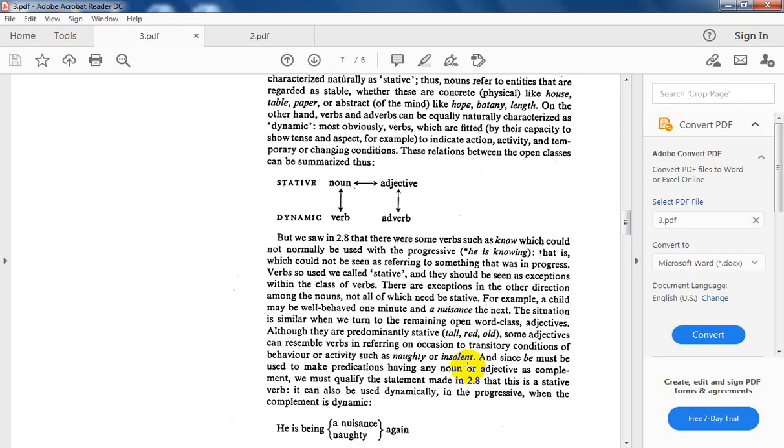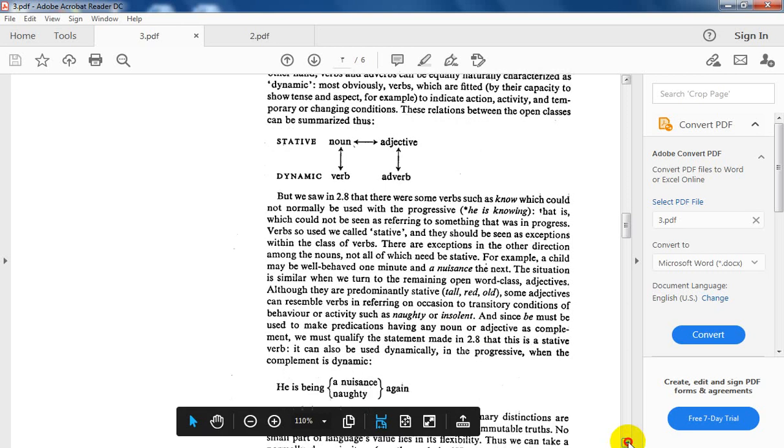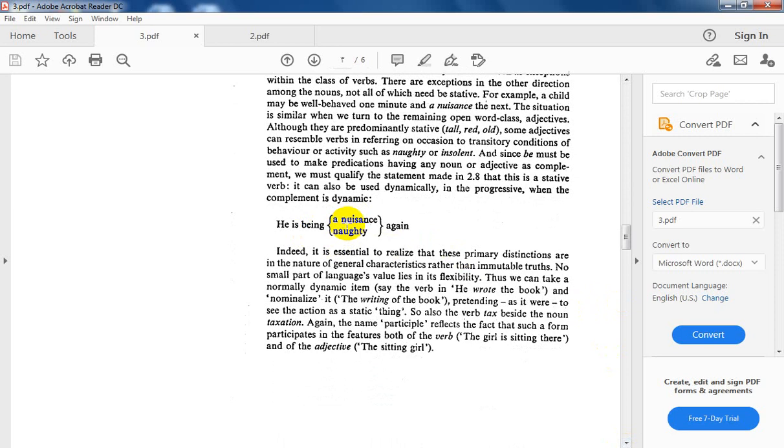We said the be verbs have no action at all, so they are what? They are stative. But if the subject complement is dynamic, you can put ing here to make it what? Depending on the complement you have.